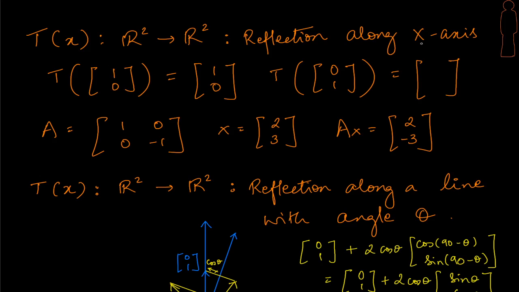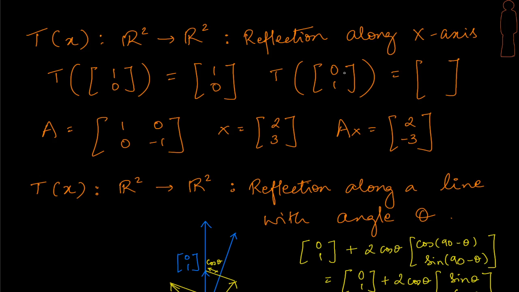The answer is simple, it's got to be just 1, 0. Because when I take a pen and put it on the mirror, the reflection gets hidden by the pen itself, and therefore nothing happens for reflection along the x-axis for 1, 0.